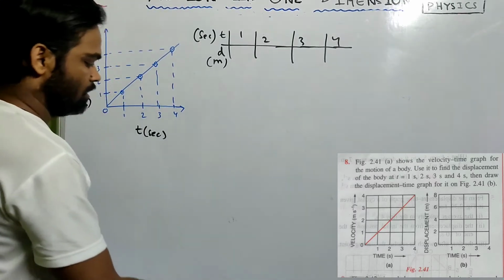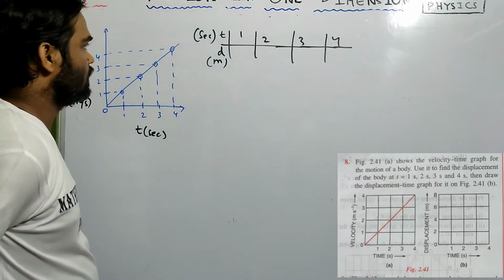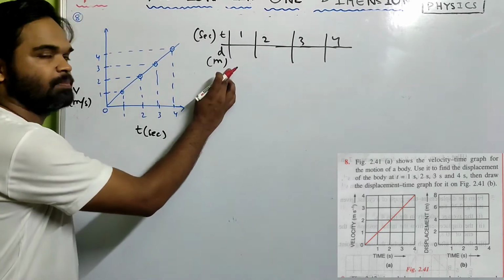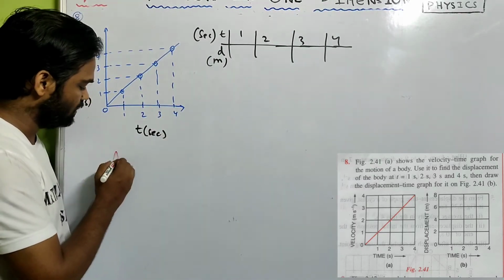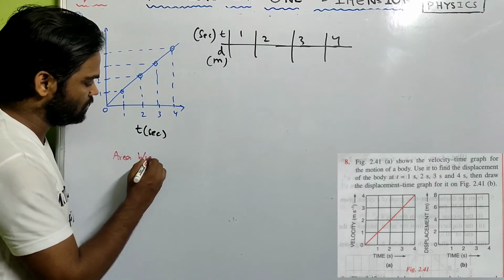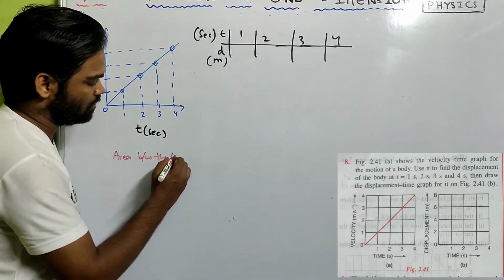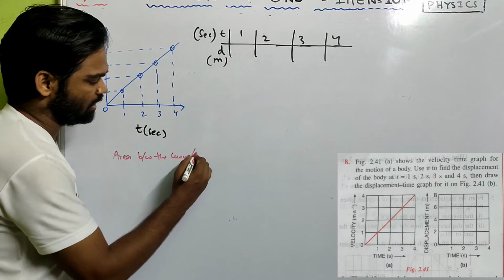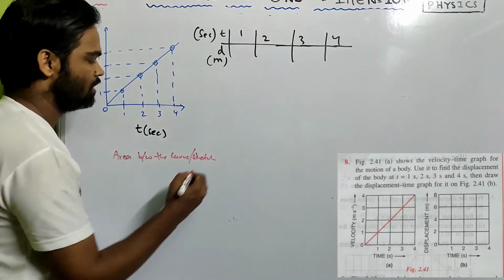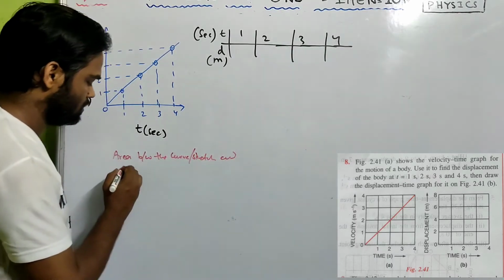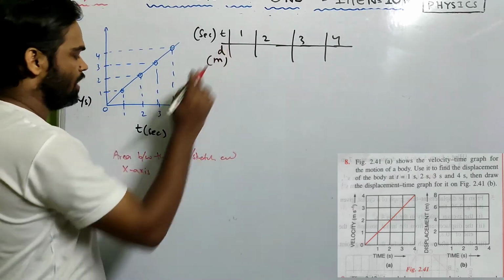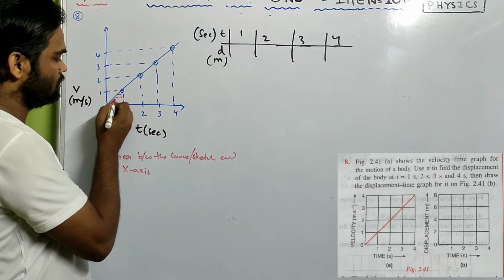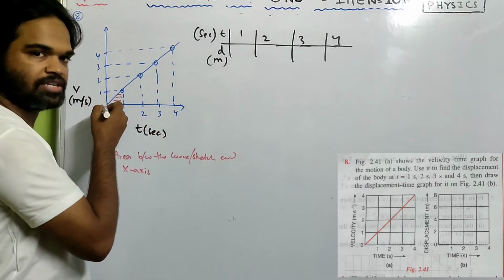Now, first thing, look over here. How do you find the displacement using the velocity time graph? We have done it by finding the area between the curve or the line, you can say sketch, whatever, the graph, and the x-axis or the time axis. Look carefully. After 1 second, this is your sketch.